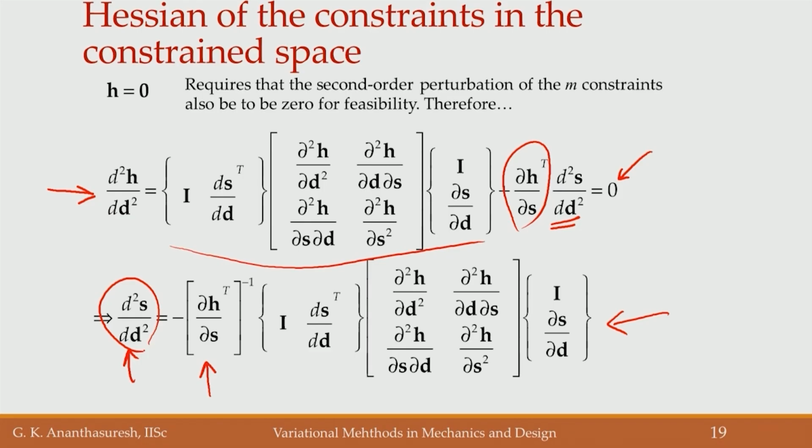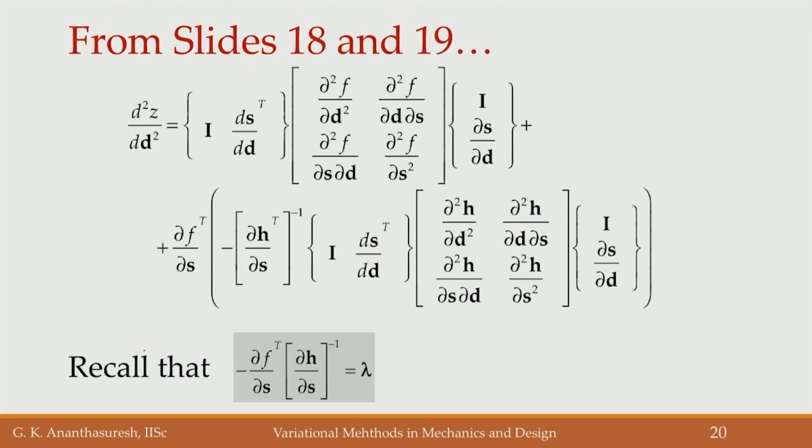Z is basically the new function that we imagine, which takes care of the active inequalities and equality constraints. Now, we substitute and go back, look at this d square z by dd square, then we get something like this.